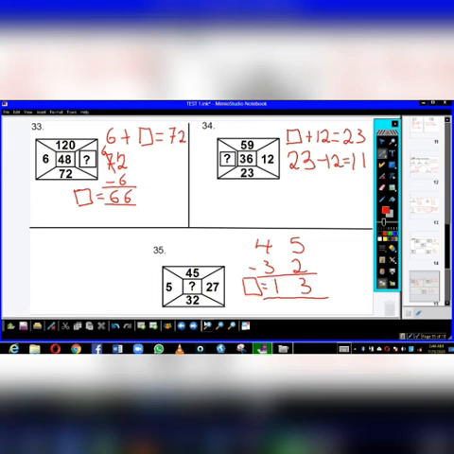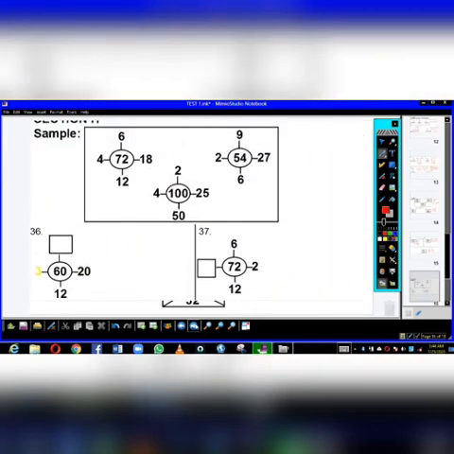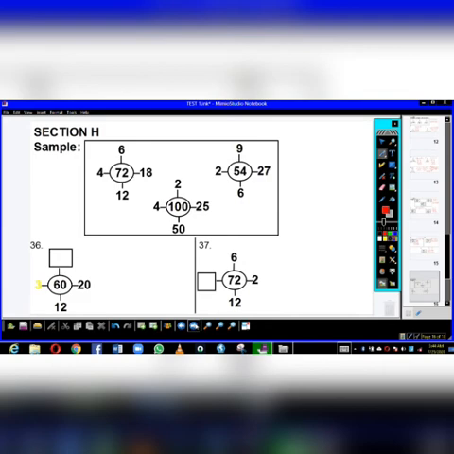Now let's proceed to section H. In this section H, we are going to multiply the opposite numbers that we have, and both of them must be equal. 4 times 18 is equal to 72. 6 multiplied by 12 will give me 72.